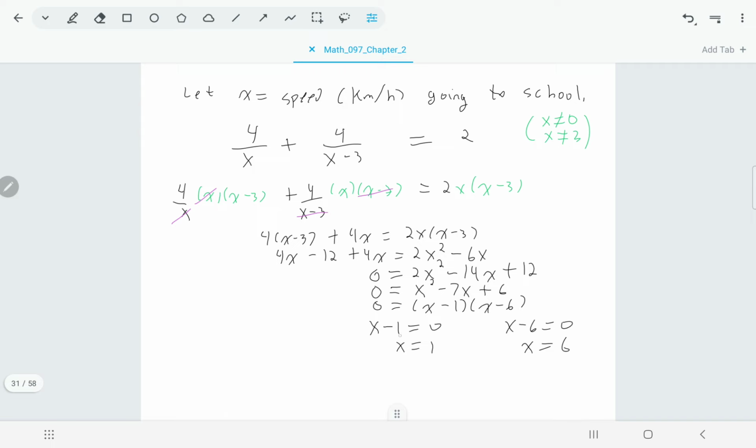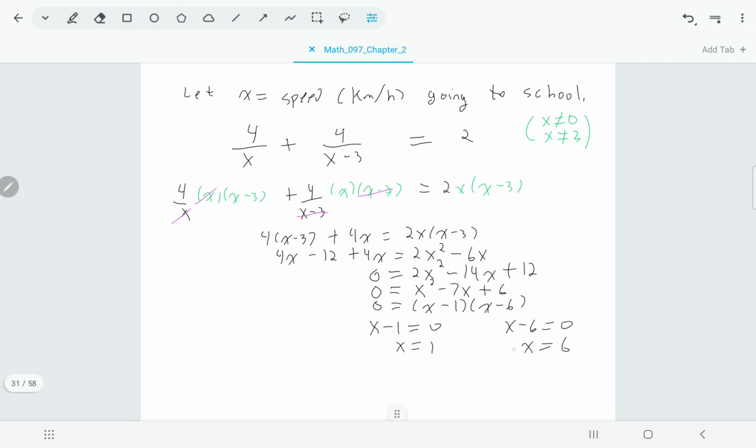If one of these numbers had turned out to be negative, it would be obviously wrong, right? If our answer had been x equals -7, then your speed would be -7 kilometers an hour. That wouldn't make sense. You would know to reject it. Or if one of our answers had been one of the excluded values, if our solution had been x equals 3, we would say, oh, that's the value we excluded earlier, so we'll reject it as well.